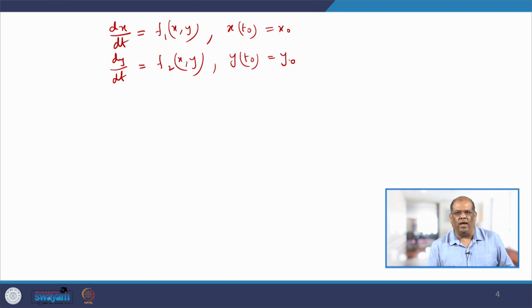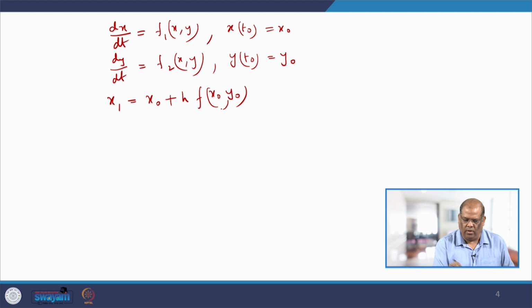If we use the same Euler's formula, we just extend it and it will be of the form x1 equal to x0 plus h times f1(x0, y0), y1 equal to y0 plus h times f2(x0, y0).